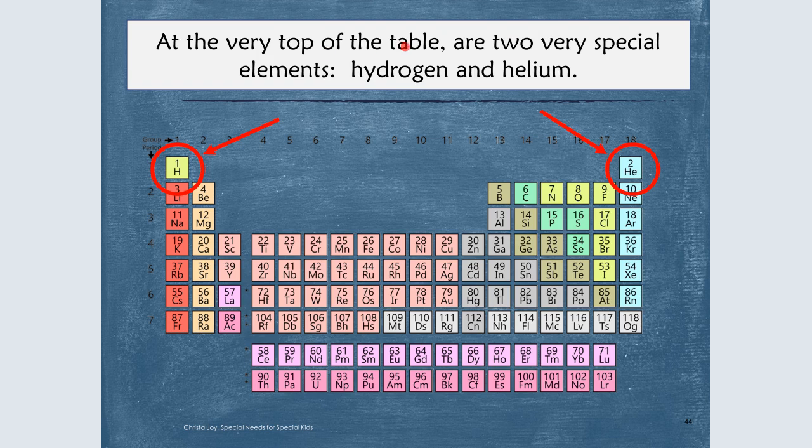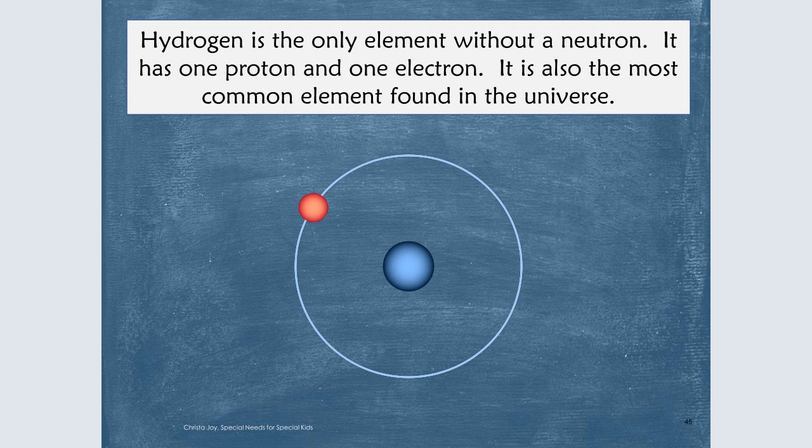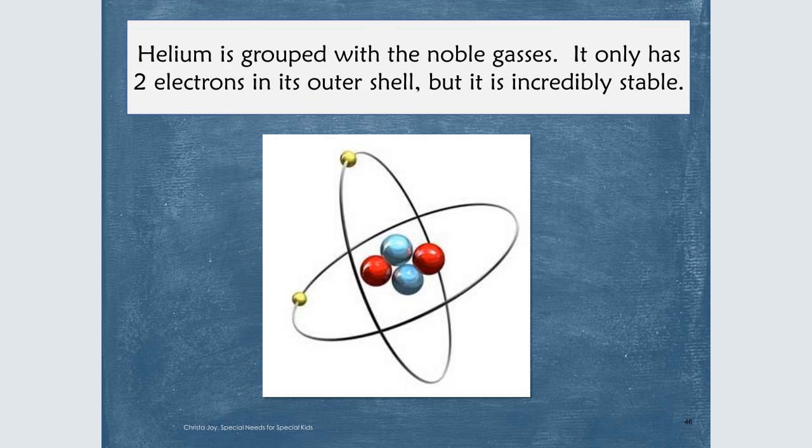At the top of the table, there are two special elements, hydrogen and helium. Hydrogen is the only element without a neutron. That's kind of interesting. So there's only just one proton in there. It's the most common in the universe. Helium is grouped in with the noble gases.